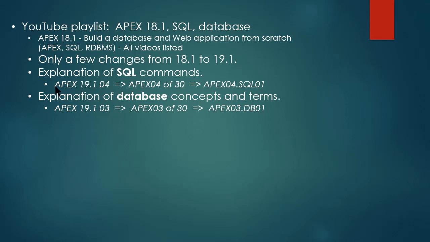So you could look at Apex 19.104 and you could see the same topics covered for 18.1 in this version, Apex 04 of 30. But you could also see in detail an explanation of the SQL. It would be Apex 04.SQL01. If there are 2 SQL videos, it would be SQL02.